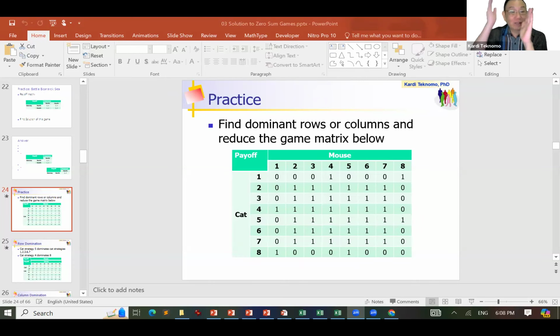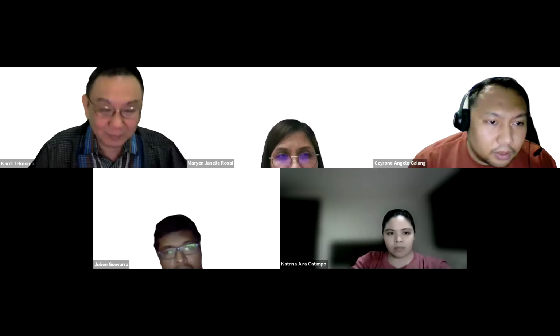For columns, you find the minimum, smaller or equal for the column.